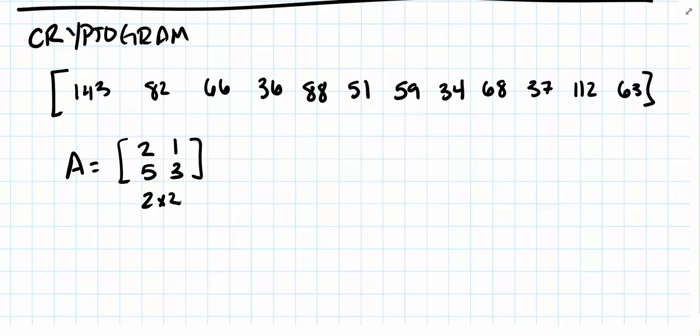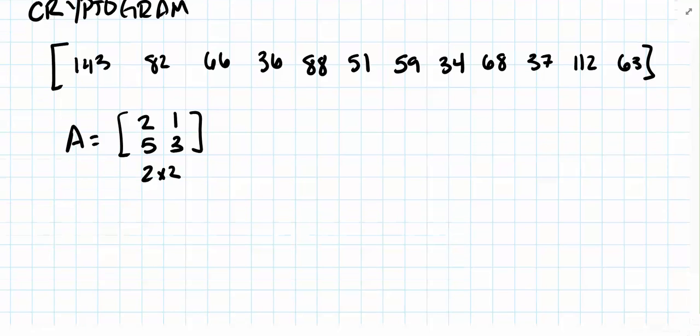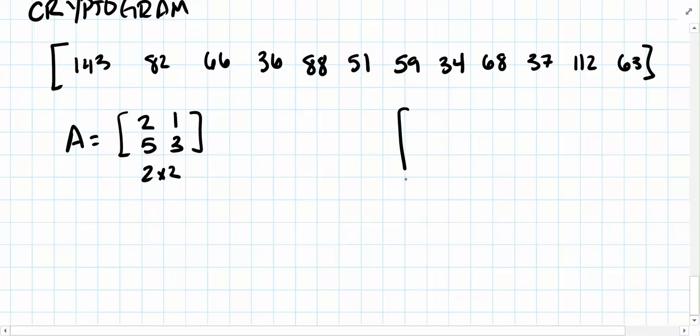Okay? So here's what we have to understand first. If this cryptogram was created using a 2x2, then I need to align my cryptogram into columns of 2s. So what I mean by that is I need to rearrange my cryptogram into 2 columns.